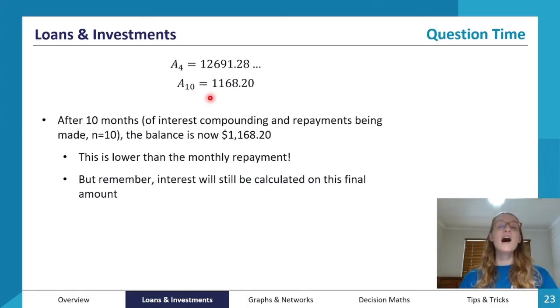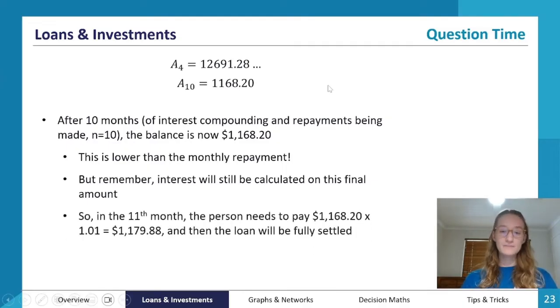It's still the amount A11, so the amount owing in the 11th month is still going to be this amount here, multiplied by 1.01, and then take 2,000, except it's not going to be 2,000. It's going to be whatever the amount left owed is. So we've got to make sure that we remember to apply the interest on this final amount.